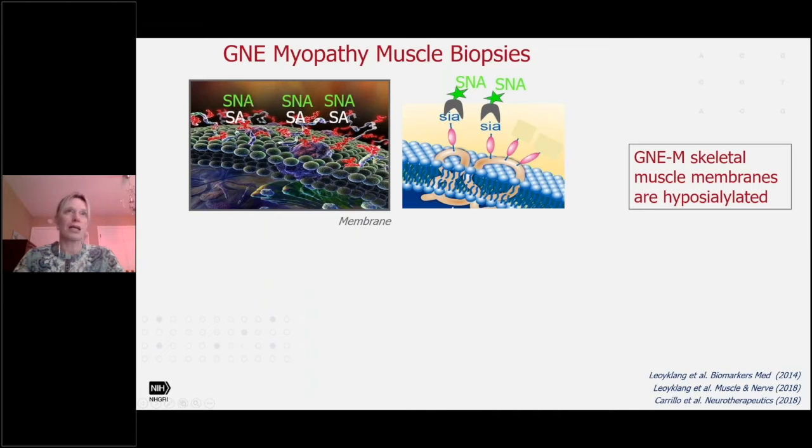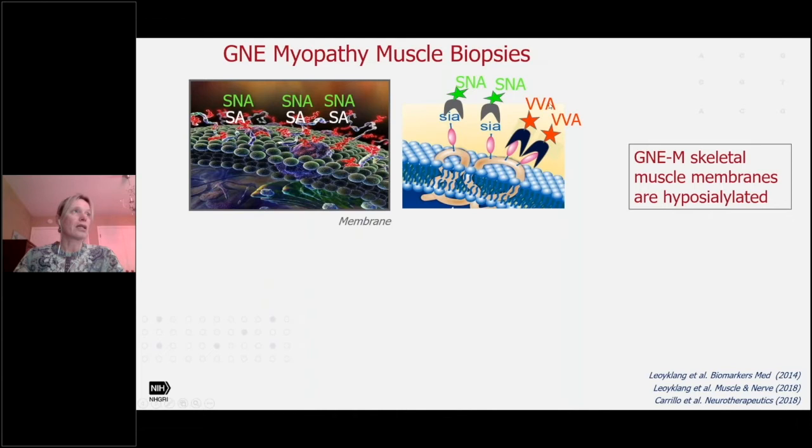So the lectin SNA binds to sialic acid attached to a protein. And we can stain muscle biopsy slides with this lectin SNA with a fluorescent marker on it. And then we can look in the microscope where this fluorescence shows up.